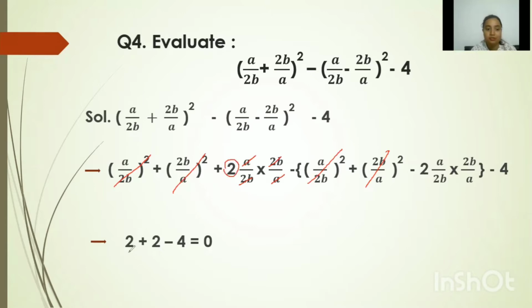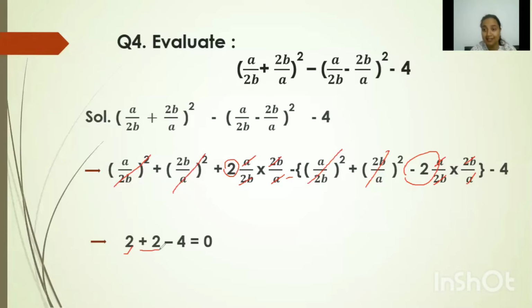And now look at this. a divided by a, you'll get 1 only. 2b divided by 2b, you'll get 1 only. So here we have got minus 2b. But because of this minus sign, the sign will change, so minus minus becomes plus 2, right?